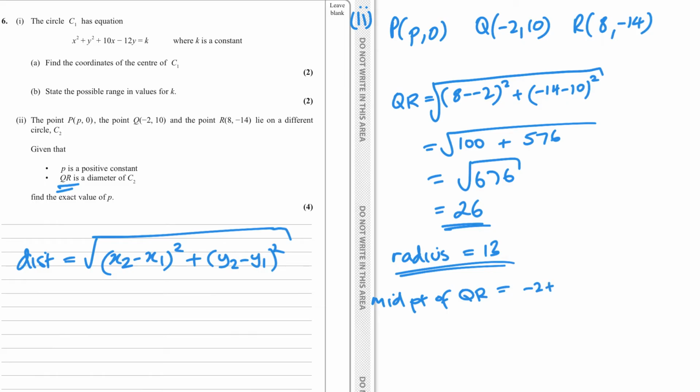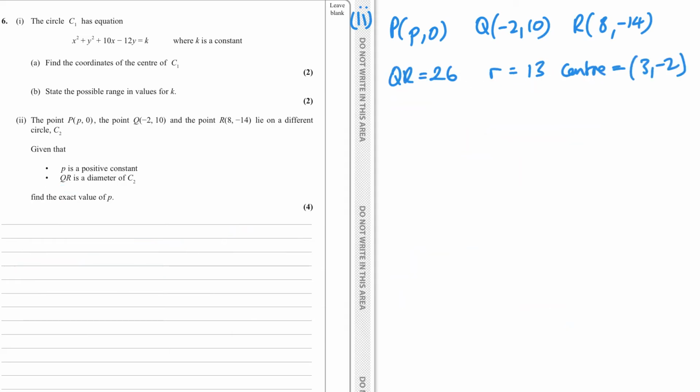So minus 2 plus 8 over 2, and add my y's, 10 minus 14 over 2. And what that'll give me is 6 over 2, which is 3, and 10 take away 14 is negative 4 over 2, so negative 2. So my coordinates of the centre, which is the midpoint of QR, is 3, minus 2.